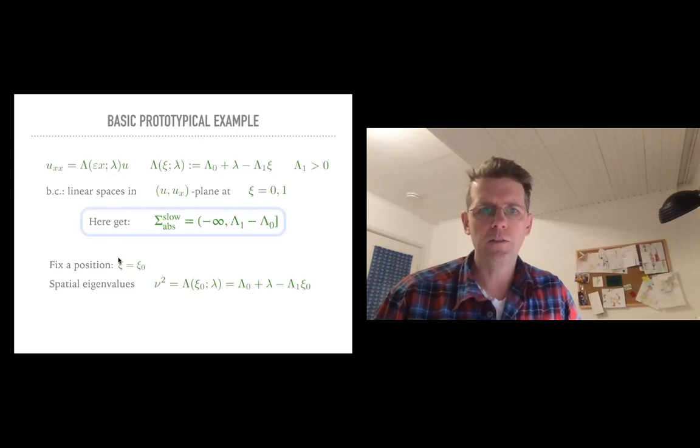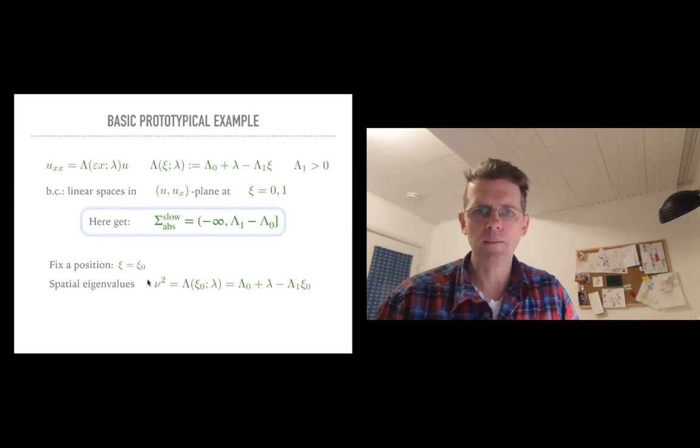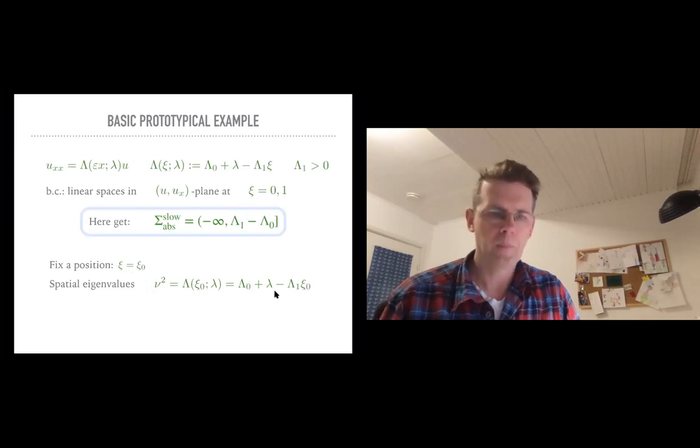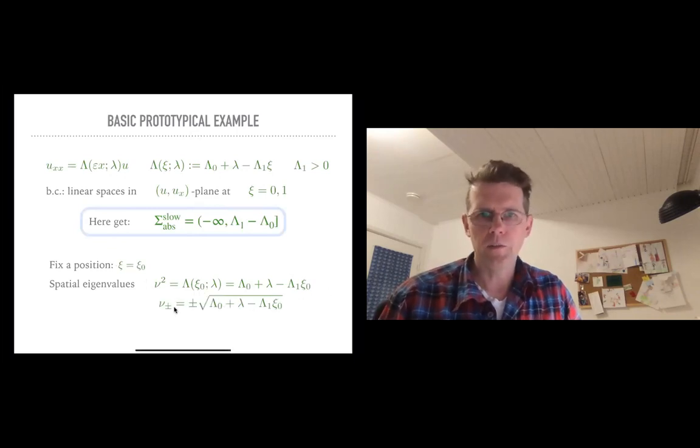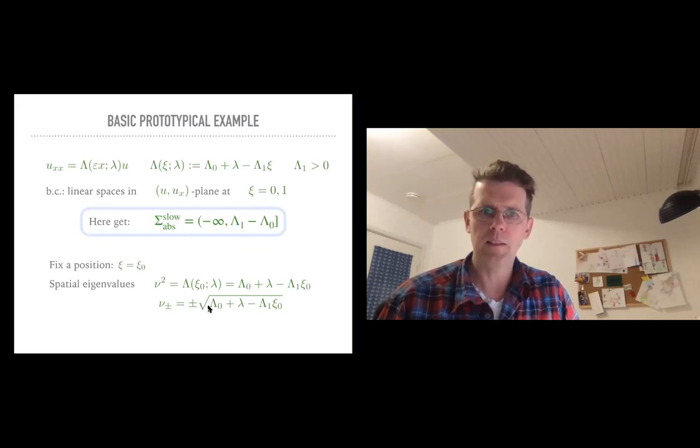Well, let's just fix a position psi. So pretend it would be an equilibrium point. Let's look at the spatial eigenvalues that come out of that. They solve nu squared is this lambda function. And that gives, of course, just these square roots. And now remember the obstruction to the splitting for the absolute spectrum, and that occurs in this case precisely when this discriminant is negative.